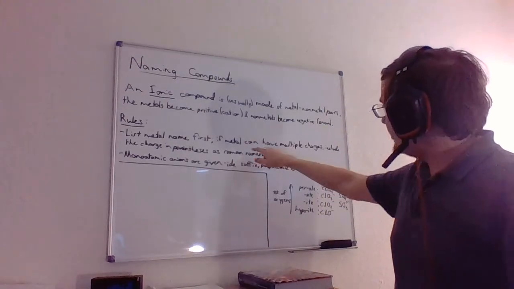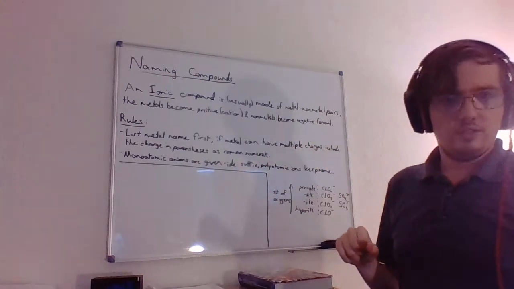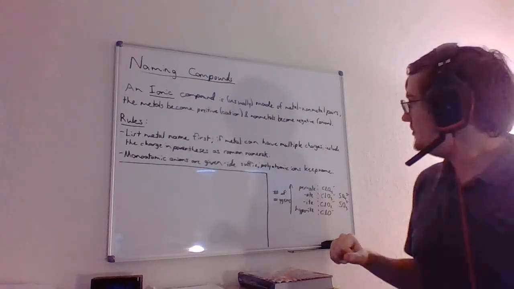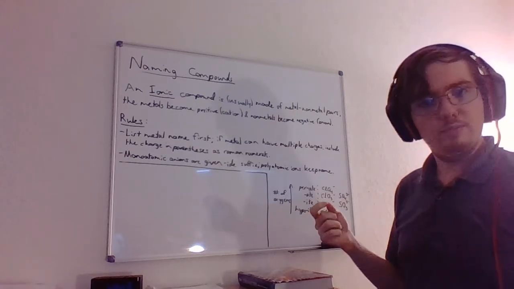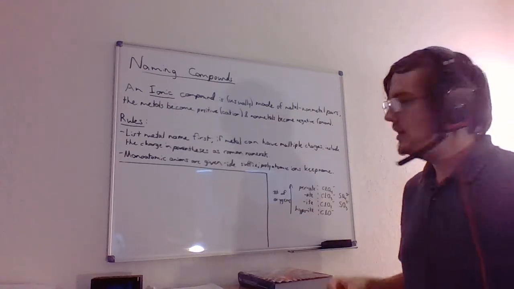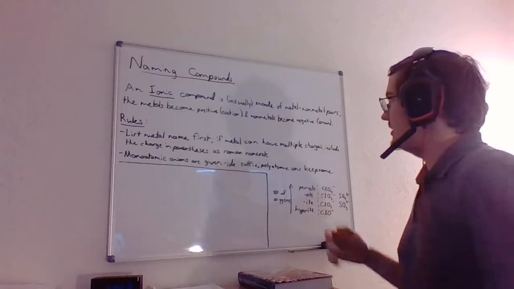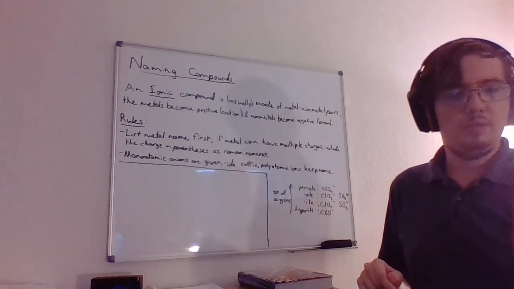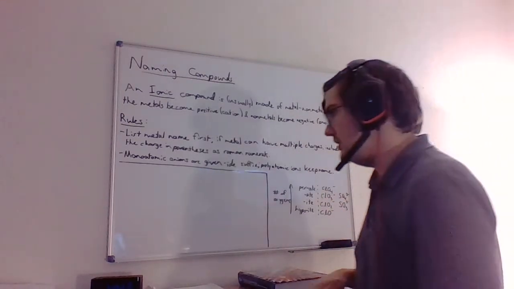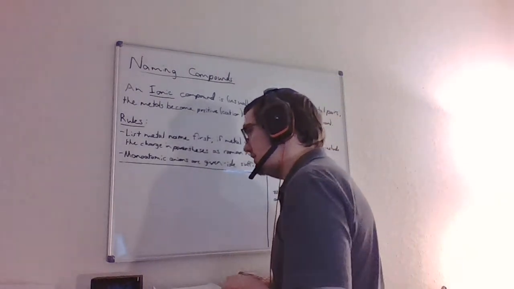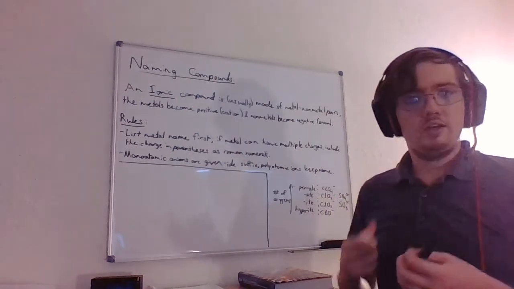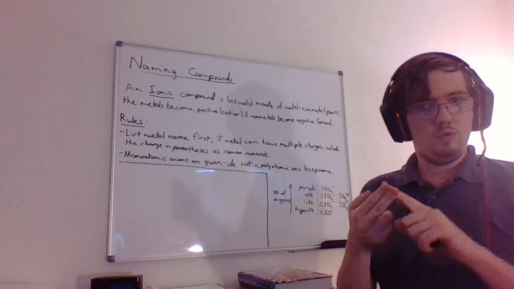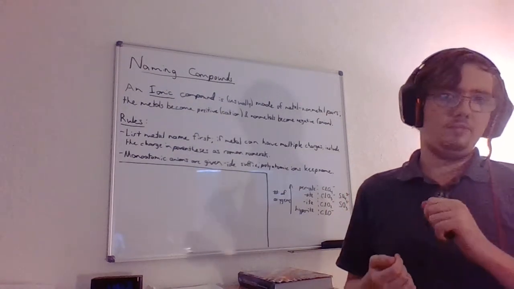Now, if the metal can have multiple charges, then what you do is you put the charge of the metal inside of parentheses as Roman numerals. So what I mean by that is, let's say you have iron. Iron can have a positive 2 charge or a positive 3 charge.